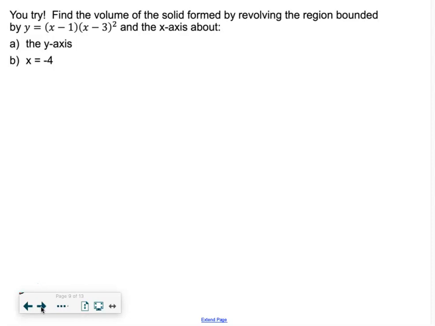You can use a calculator if you want to see what it looks like. x minus 1 times x minus 3 squared and the x-axis. So there is a bounded region, a region bounded by that function and the x-axis. You're going to revolve it about the y-axis, and you're going to revolve it about x equals -4. So feel free to use your calculators and see if you can find setups, and I'm going to erase these on the board so that you can't see.